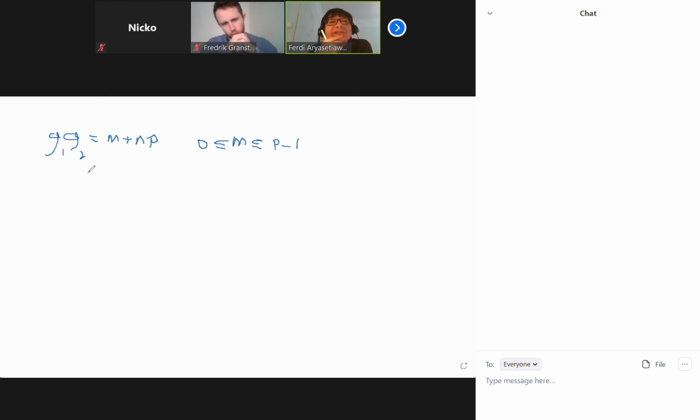So then we want to show that it cannot be. Then we have G1 G2 equal to np. So this would imply that G1 is equal to np divided by G2.